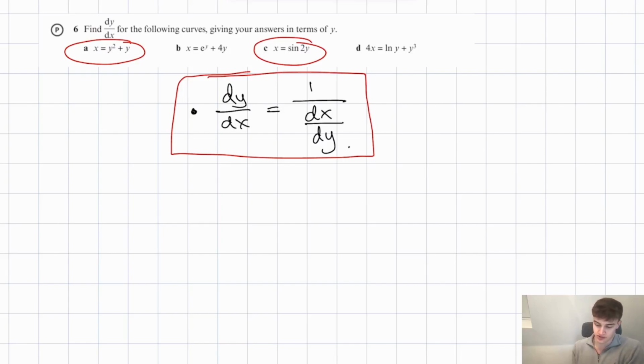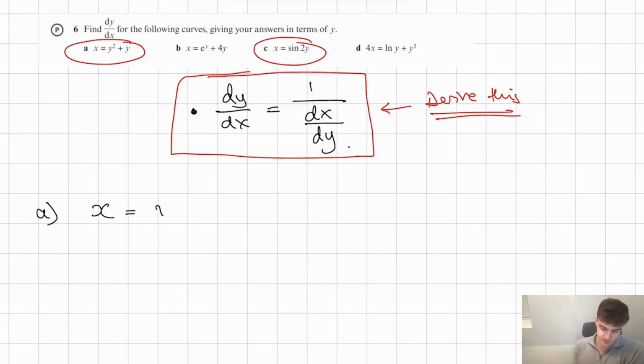So what you should try and do is derive this from what you know about the chain rule and see how you get on. I think it is in the book as well, but try and do it yourself and see what you get to. So, okay, let's start with part A.